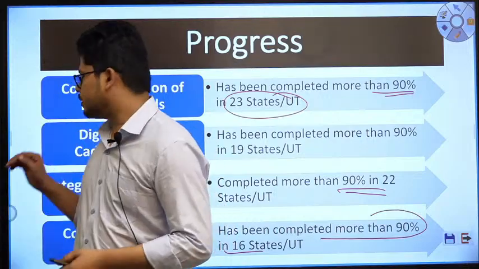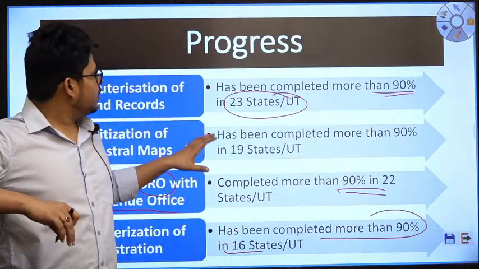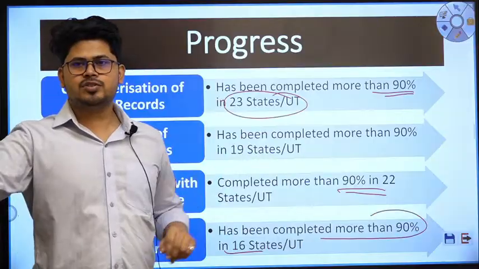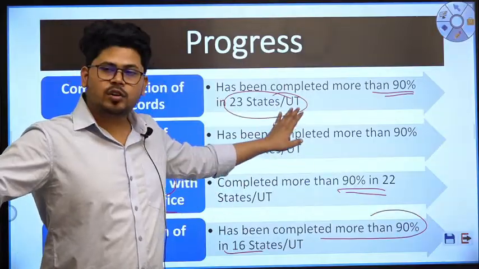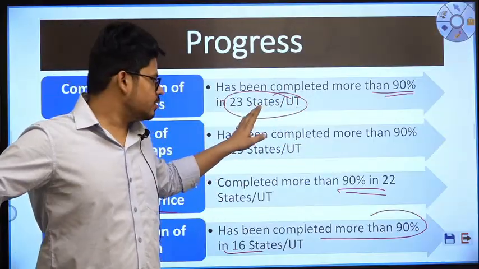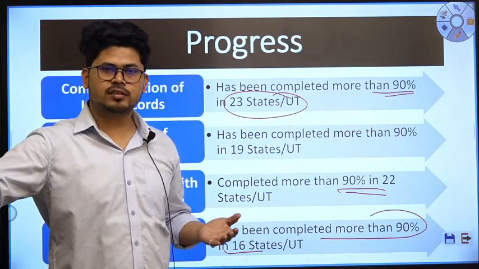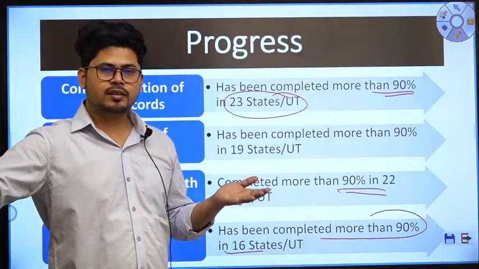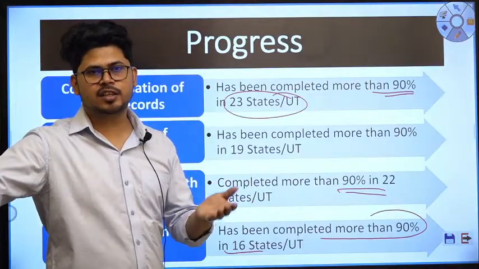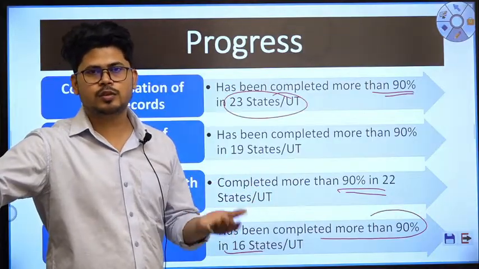It's very important to understand that the scheme is nearing its completion, and now a subset of that scheme, that is the unique land identification number, has been launched. A very similar scheme was recently launched in many states, that is the Swamitva scheme.